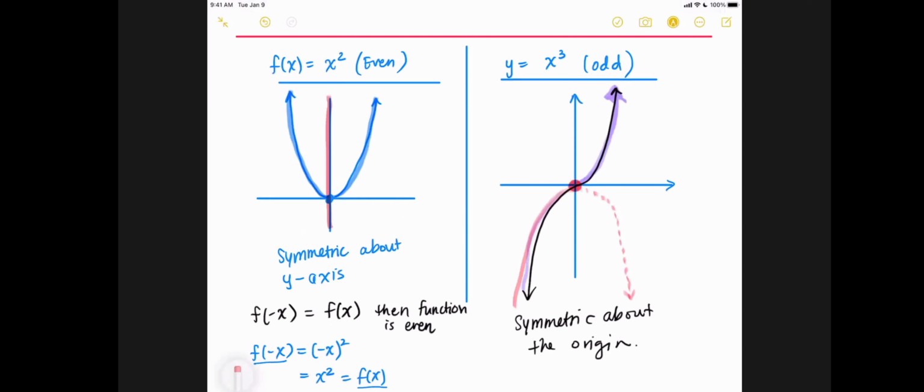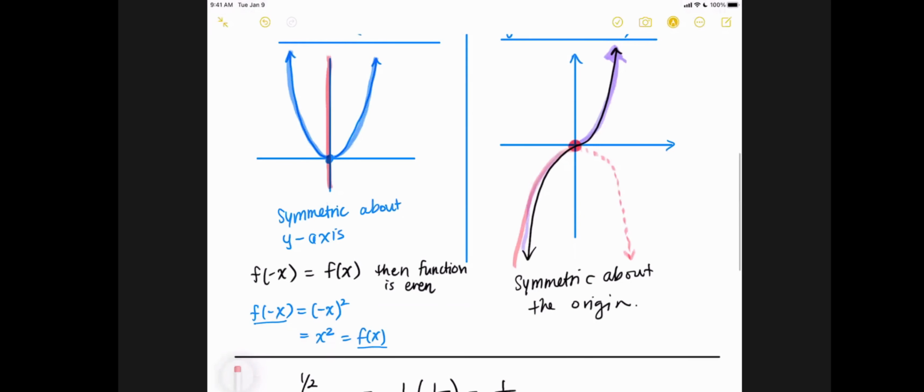Symmetric about the origin means that you would take part of the graph and reflect it over the x-axis and then over the y-axis, and it will lie on top of the original graph. That is also interchangeable: you can reflect over the y-axis first and then over the x-axis, and you get the other part of the graph.